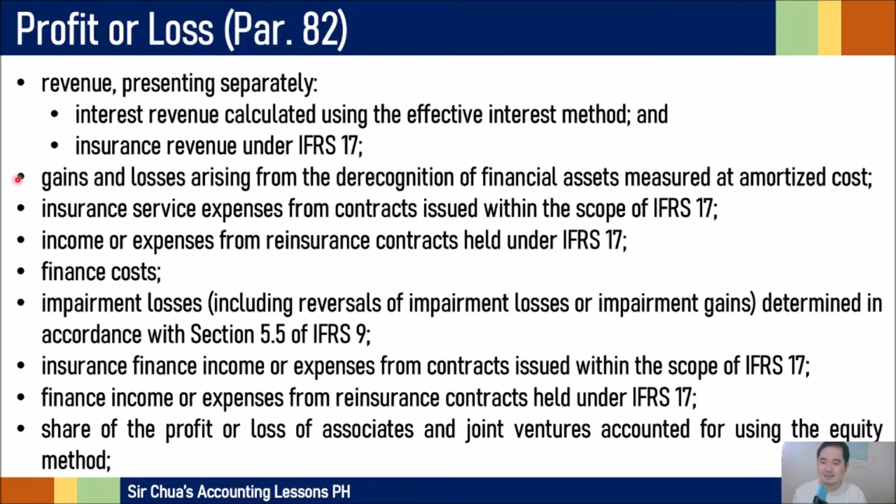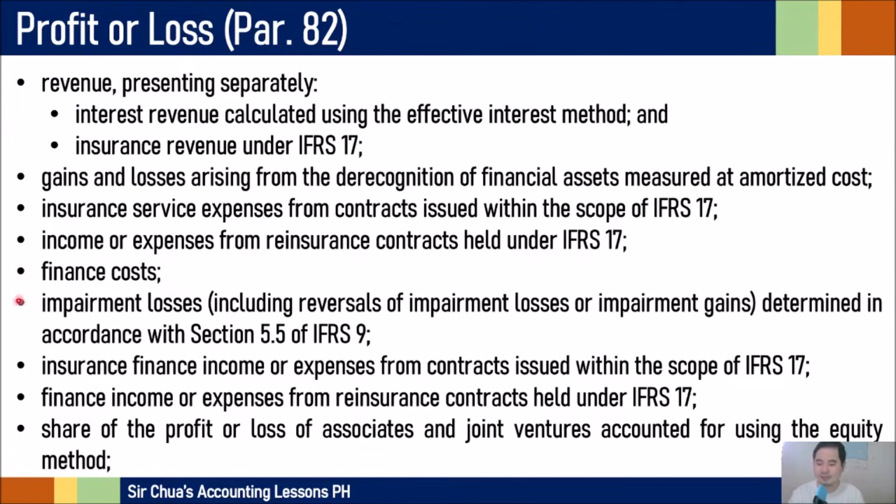Okay? And then any gains or losses arising from the recognition of financial assets that are measured at amortized cost. And then insurance service expenses under IFRS 17, income or expenses under IFRS 17 as well, and then finance cost po natin, for example, yung ating pong mga interest expenses on bank loans or bonds payable, ganon.